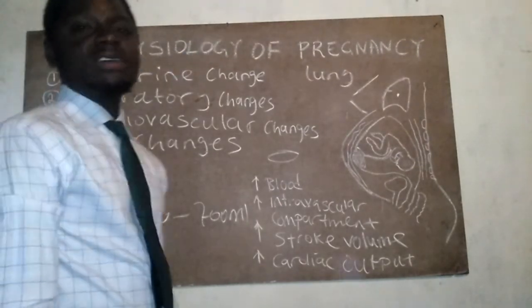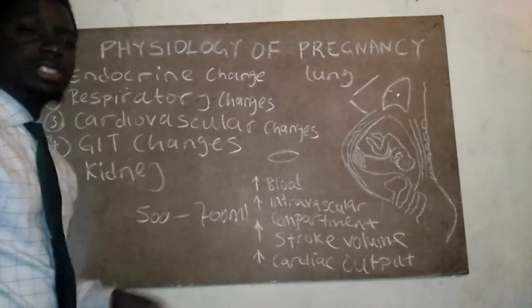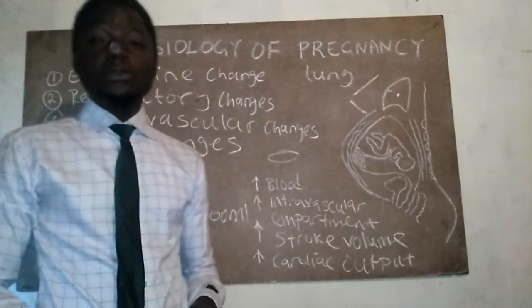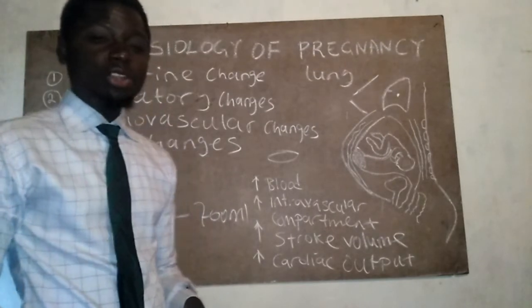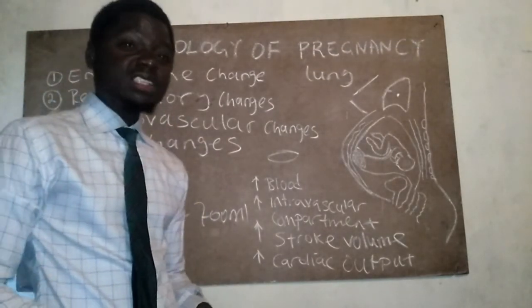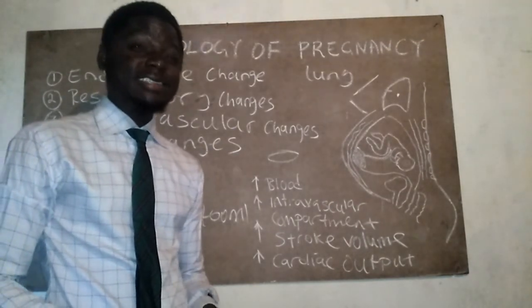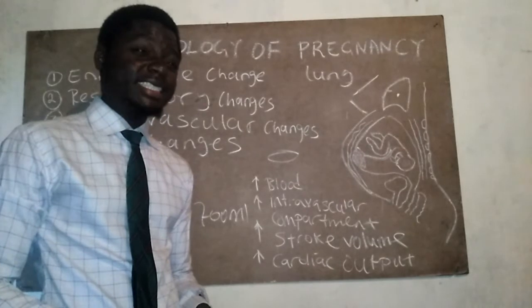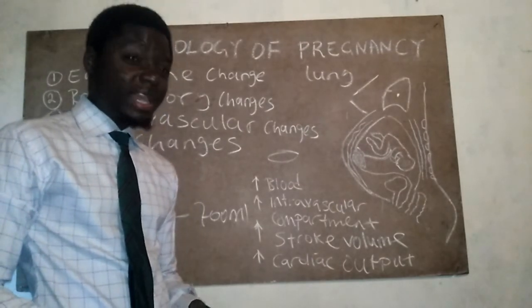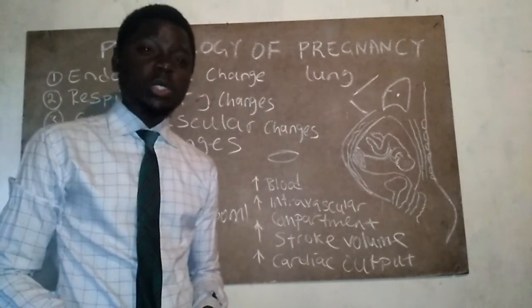And because estrogen causes fluid retention, that simply means we're going to have a lot of fluid in the intravascular compartments, and a lot of fluid also going to the kidneys. The kidneys are supposed to do their job by excreting everything in the blood that is not supposed to be used, such as urea, bicarbonates, and all sorts of things.